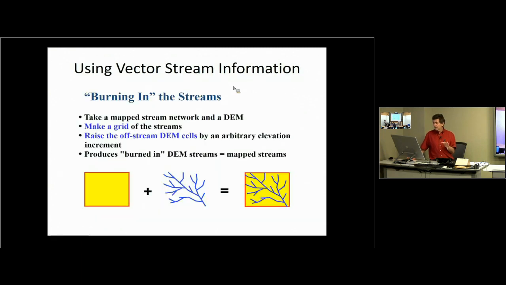We also talked about using vector stream information and conditioning the digital elevation model by burning in the stream. So there's the idea that you can have vector streams, raise the elevation of off-stream cells by an arbitrary amount, and that produces what looks like canyons that then will force the flow to follow the directions of the streams.